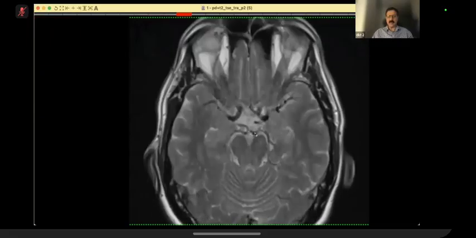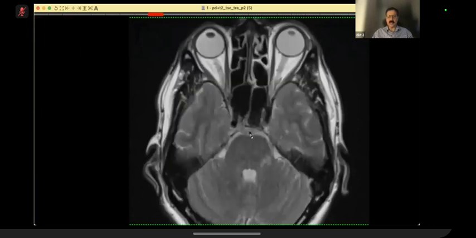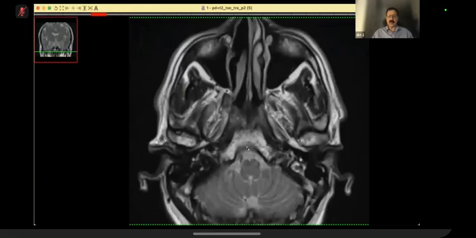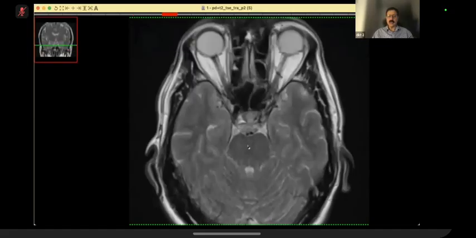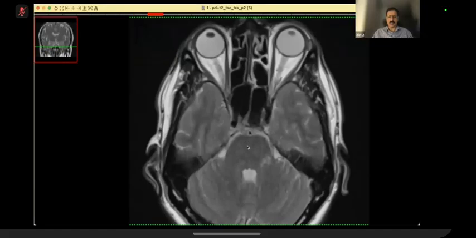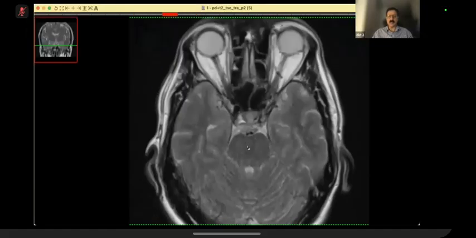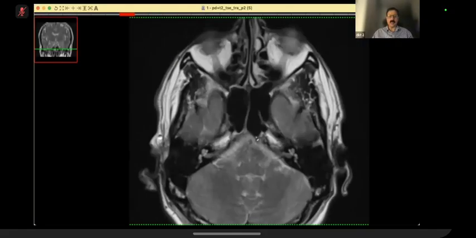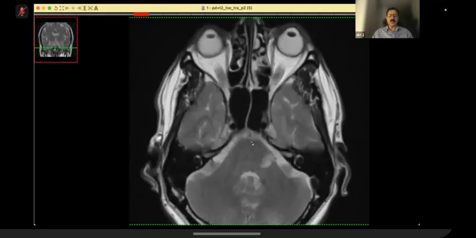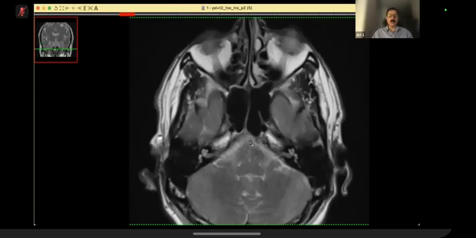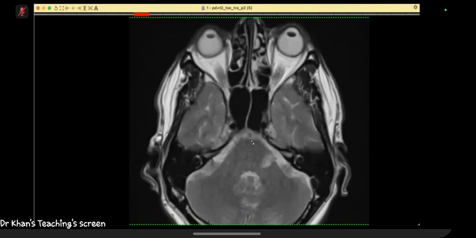And then when it divides into the PCAs, there is a flow void. If I trace it backwards, here you are. You see at least a partial loss of flow void. So interestingly, there is a possible thrombus sitting there, which is very interesting on a T2 weighted sequence. And how do you see it? Because the normal flow void in this region is lost. So, candidate, what kind of investigation will you do next? Contrast scan, like angiogram.